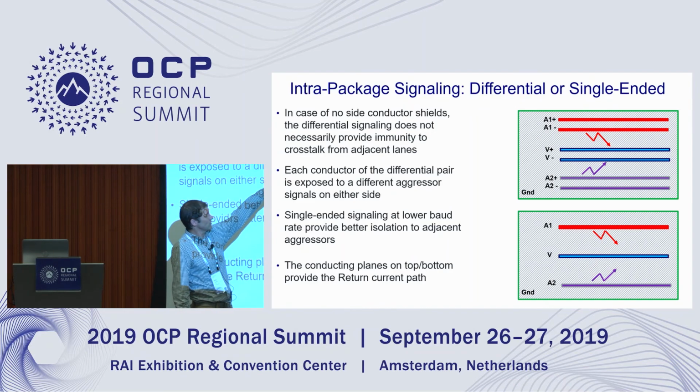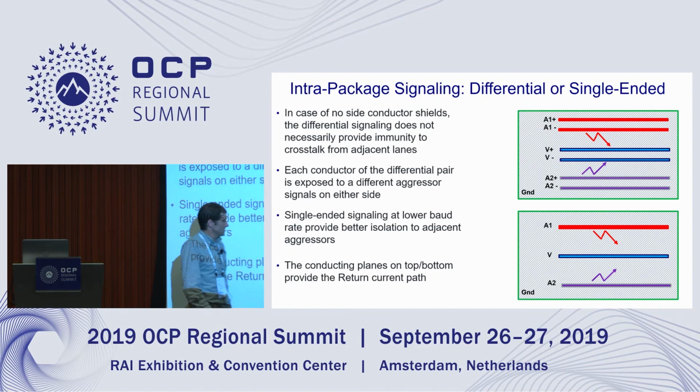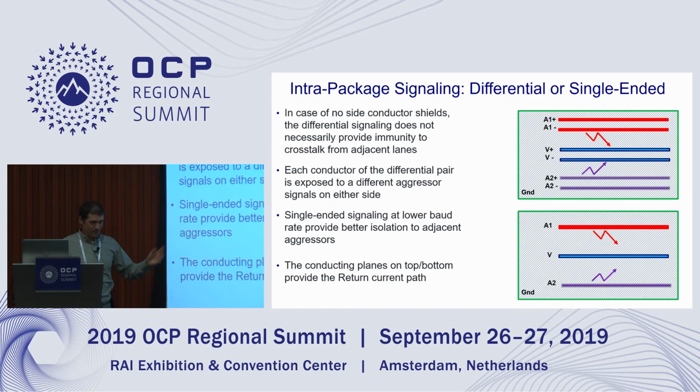You have one neighbor sees high crosstalk from one pair adjacent to it, and it could be hit on both sides, and you don't see the differential cancellation, so you might as well just go single-ended, half the number of wires, increase the effective total bandwidth.